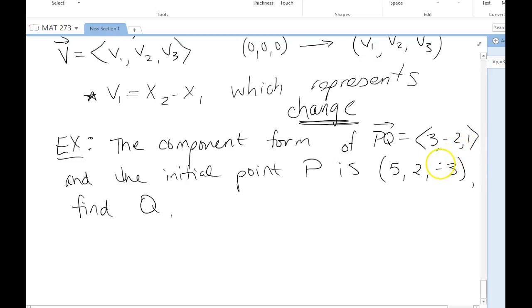So you can think of those numbers not just as endpoints, but as amounts of change. If we slid this vector out of standard position so that P was at (5, 2, -3), we want to figure out what Q would be. Think of those components as representing change from beginning to end, from initial to terminal.